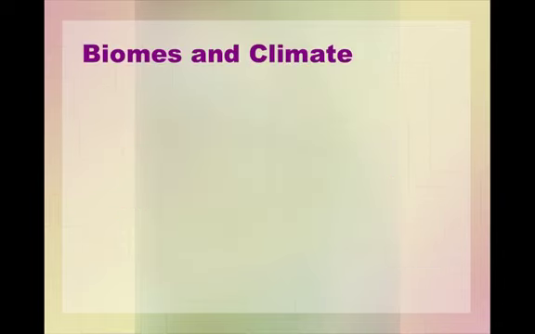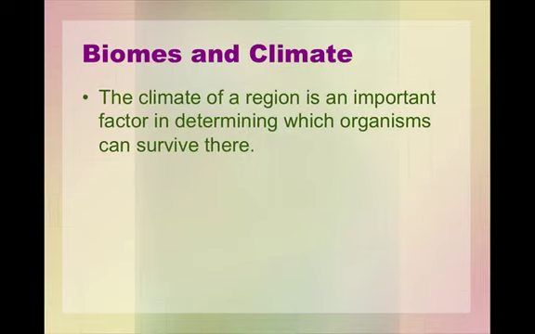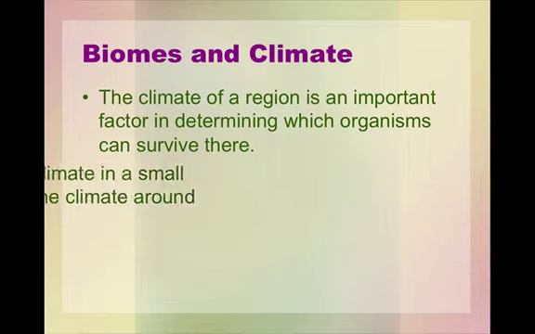Biomes and climate. We've already talked about climate. The climate of a region is an important factor in determining which organisms can survive there. And we talked about what determines climate in section 4-1. We're going to go a little further and talk about something called a microclimate.